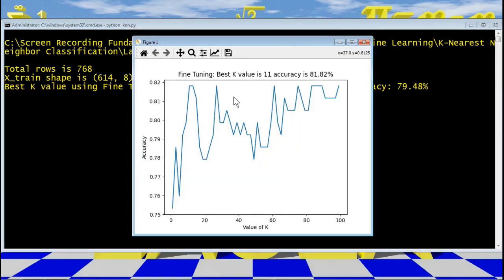It displays the graph of the fine-tuning from 1 to 100 with add numbers, and it chooses the value of k, which is 11, having a validation accuracy of 81.82%. The k value of 11 is around here with a validation accuracy of 81.82%.